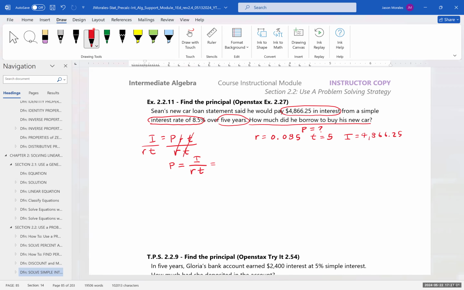The interest was $4,866.25 all over the rate, which is 0.085, times the time, which is 5. This should give you a principal amount of $11,450.